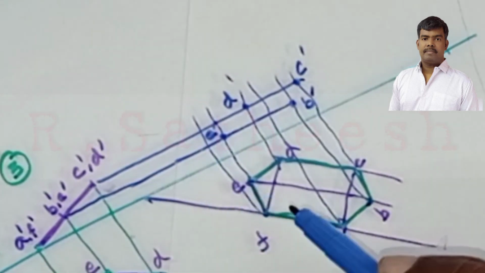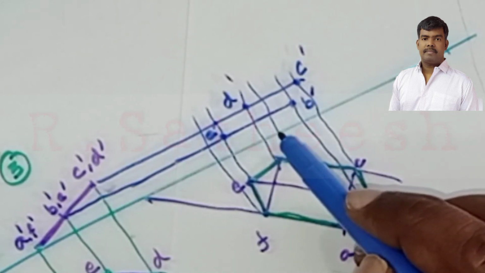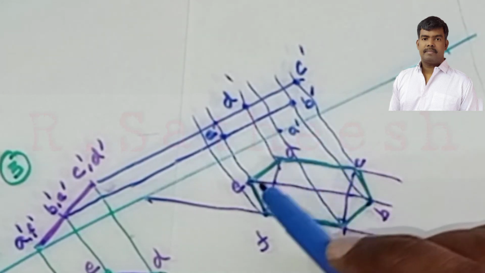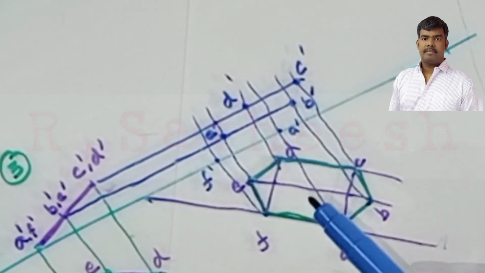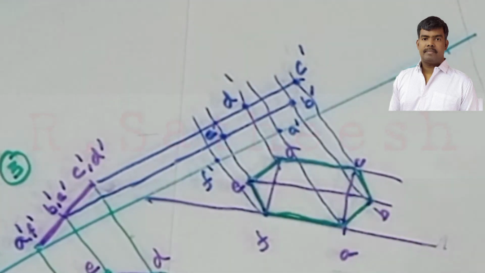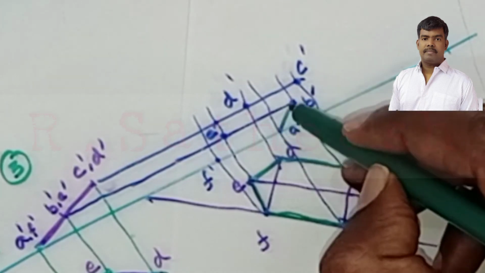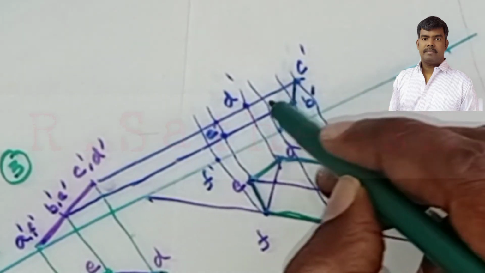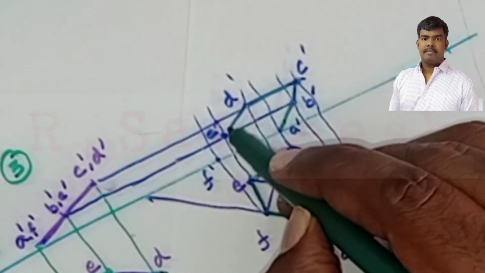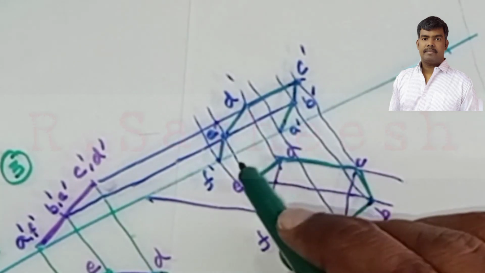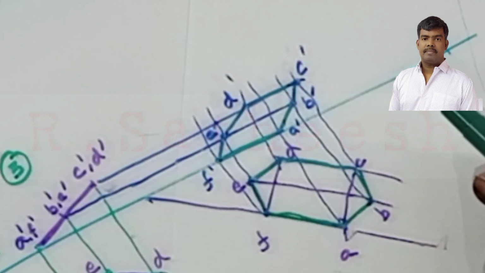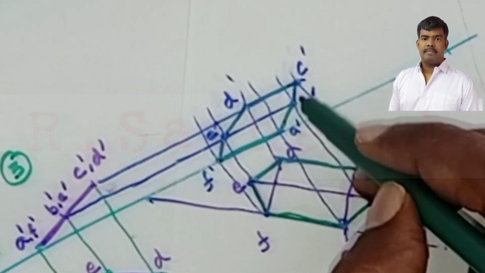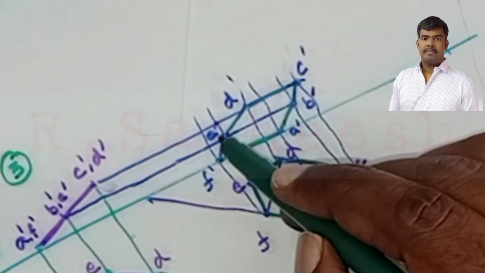Next A comma F: A versus A dash, F versus F dash. Now you join all: A, B, C, D, E, F, A. So A to B, B to C, C to D, D to E, E to F.